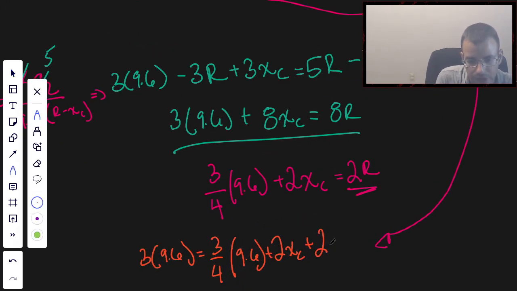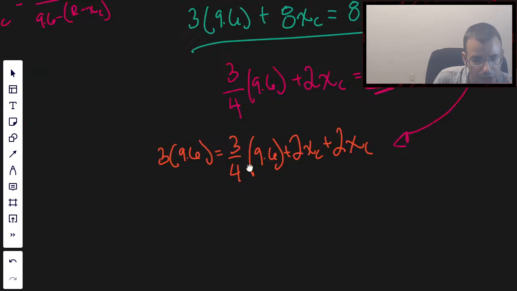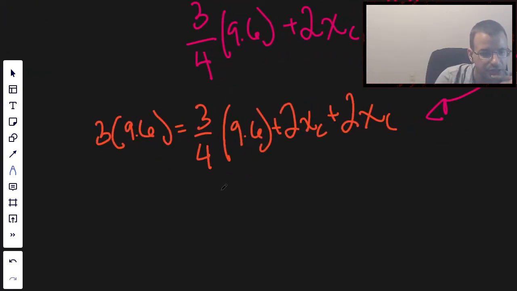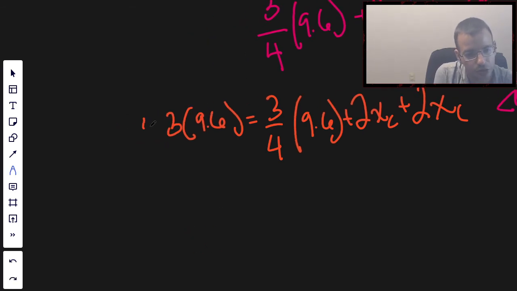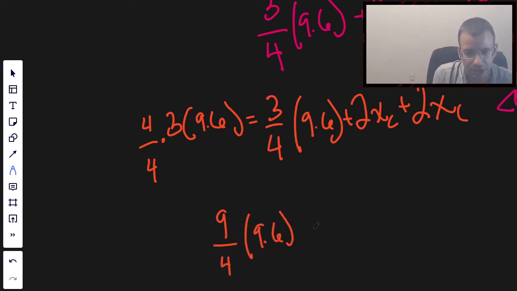All right, so we're getting there, almost there. So now we can simplify this. I'm going to change this 3 times 9.6 into 12/4. That gives us a common denominator. So we're going to have 12 9.6s minus 3 9.6s, which is going to give us 9. 12 minus 3 is 9. 9/4 times 9.6 equals 4xc.